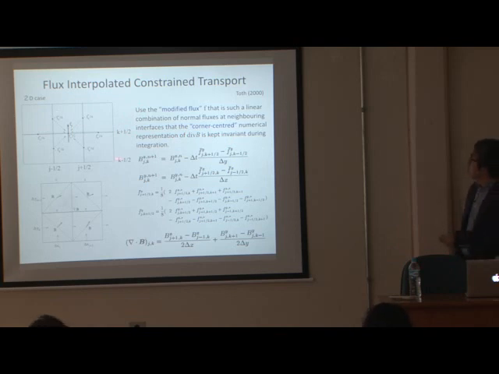So we can get one numerical flux value, and the correction comes from the 1, 2, 3, 4, 5, 6, 7 surrounding neighbor points. This is written as this kind of equation, and then it automatically keeps the divergence B constraint.